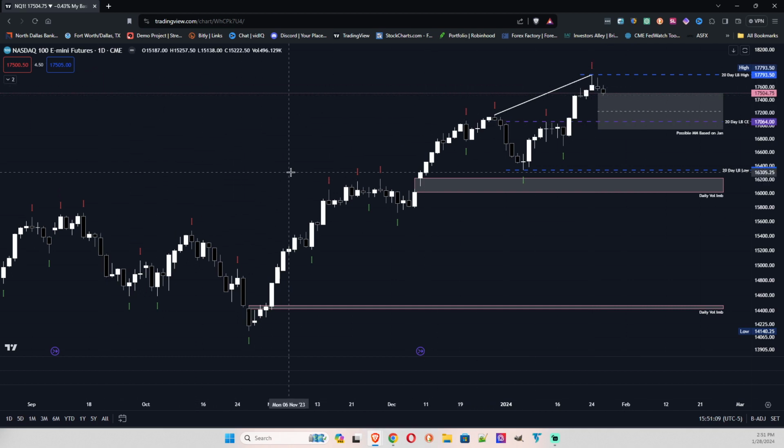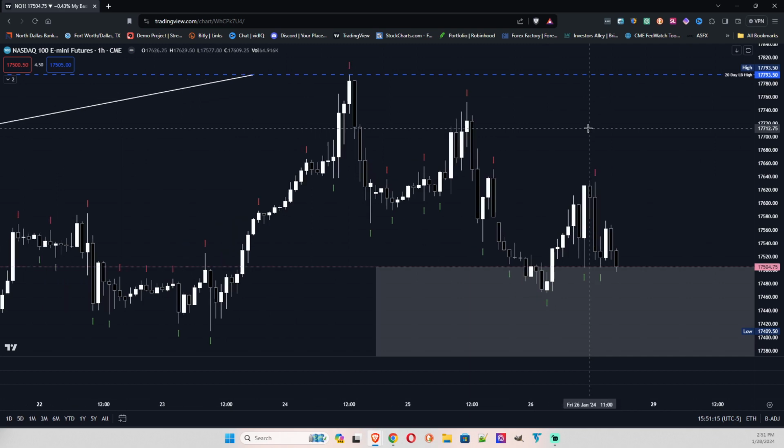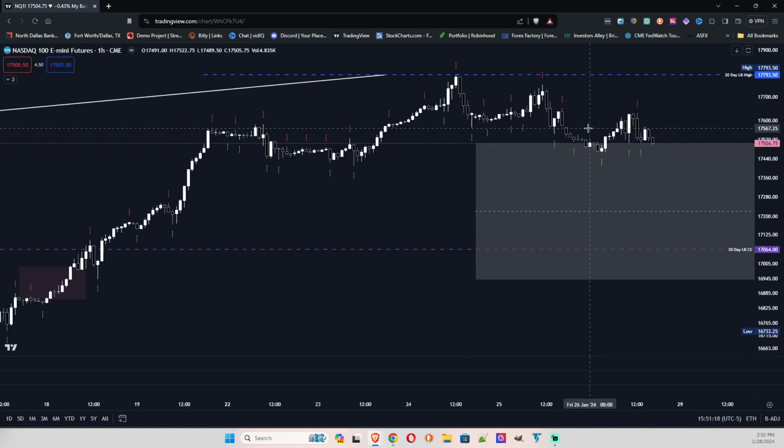Now, if we go down to a 1 hour chart, we can see where we're at and look at our levels here. This here looks like a pretty good level, this 17,480-ish. It's kind of acted as support and resistance. I think I actually like to use 17,470.